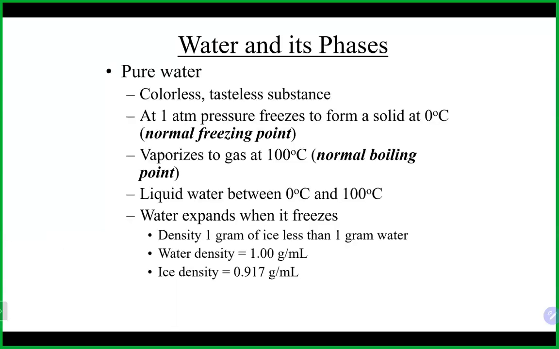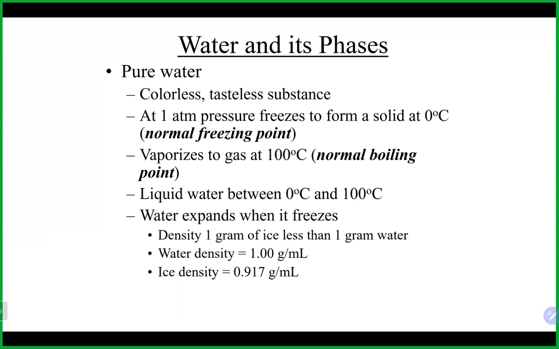Water obviously is a colorless, tasteless substance. One of the things you should know is that the normal freezing point, the melting point, of water is 0 degrees Celsius. The normal boiling point of water is 100 degrees Celsius.